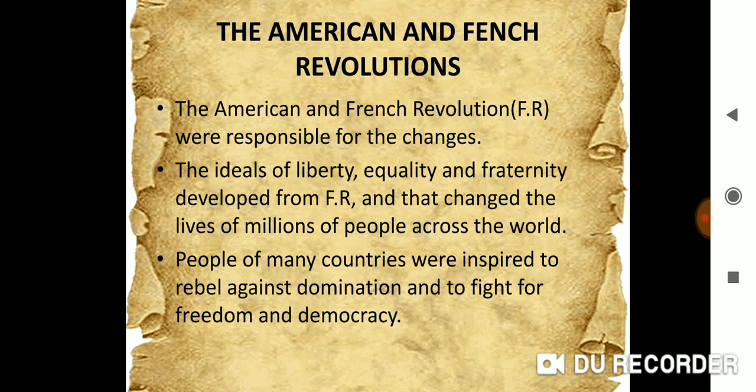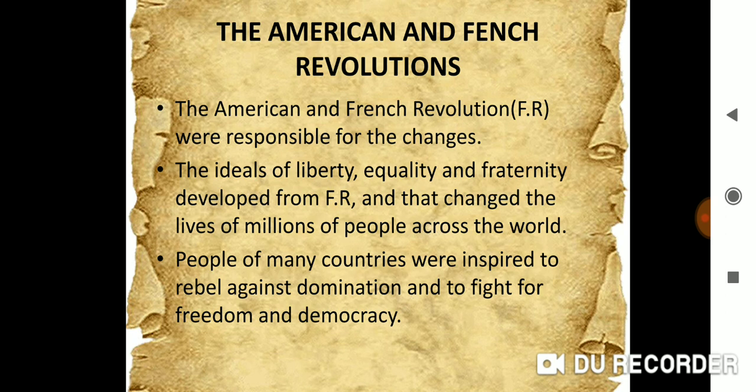In class 9 you will read in detail, because there is a chapter named French Revolution, but you should just know the basic idea of the French Revolution was liberty, equality and fraternity. What is the meaning of liberty? Liberty means freedom, equality means all are equal, and fraternity means brotherhood.